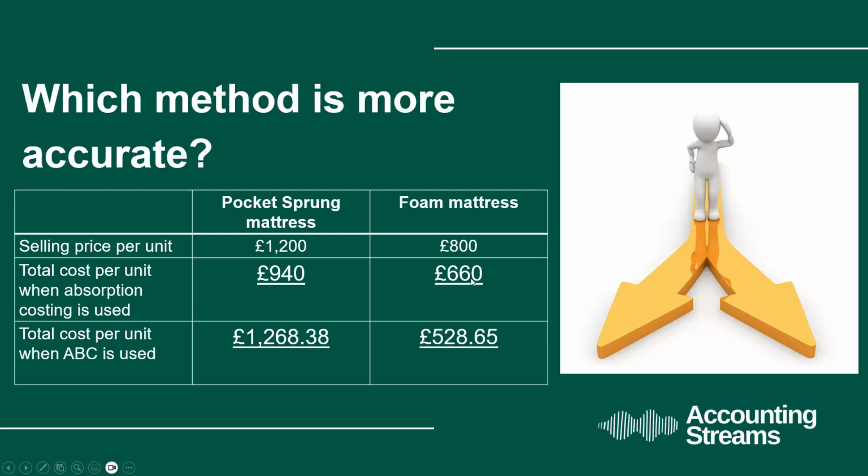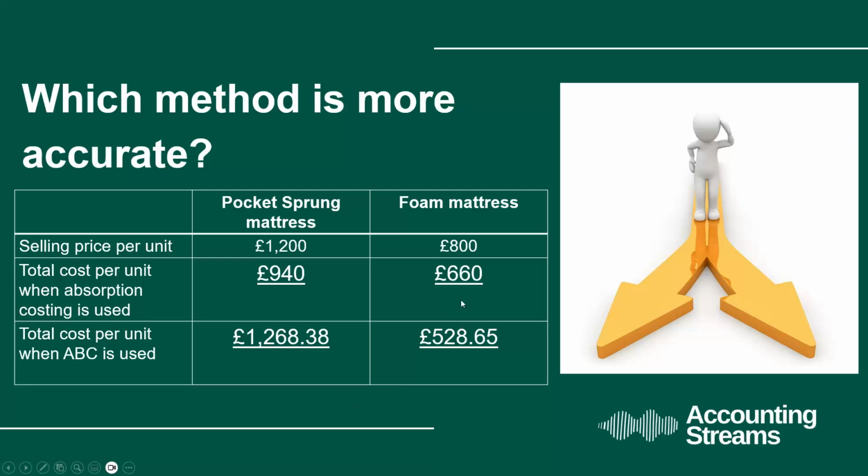The same for the foam mattress, because the selling price is higher than the cost per unit when absorption costing is used. But using a more accurate method, the activity-based costing method, we can see that the total unit cost for one pocket sprung mattress is £1,268.38, which means we're making a loss of £68.38 by selling pocket sprung mattresses. So this is the more accurate figure here.